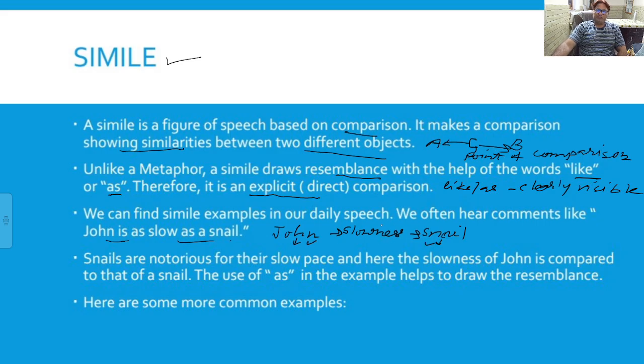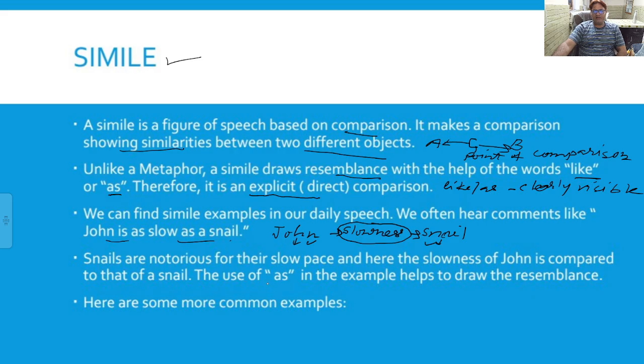And just because of this slowness, the comparison has been possible. Suppose this element had not been there, then we would not have been able to compare John with the snail. Snails are notorious for their slow pace, and here the slowness of John is compared to that of a snail.